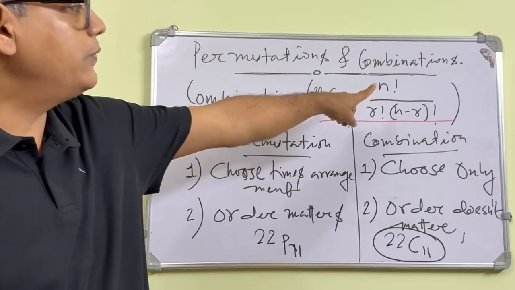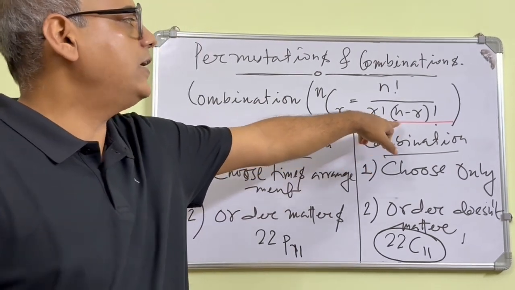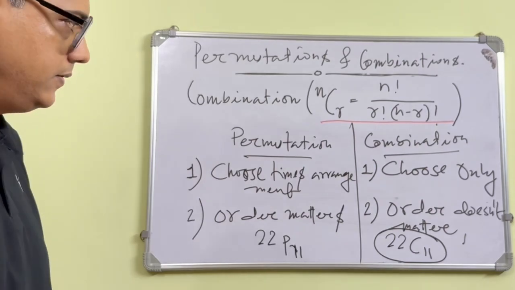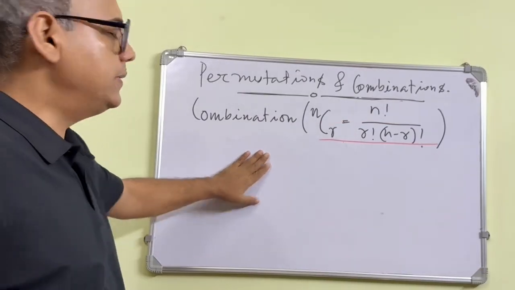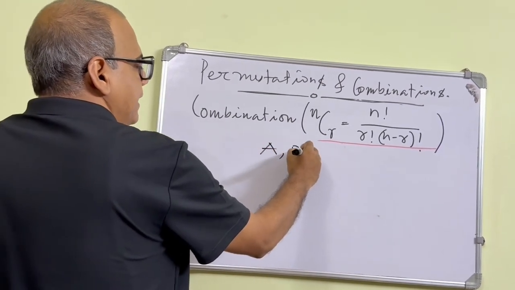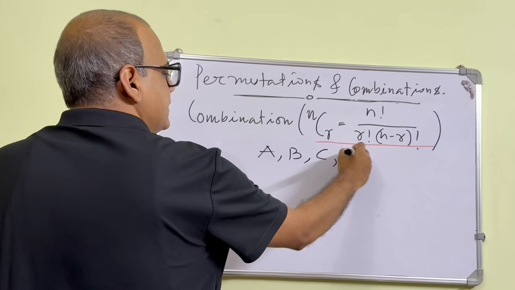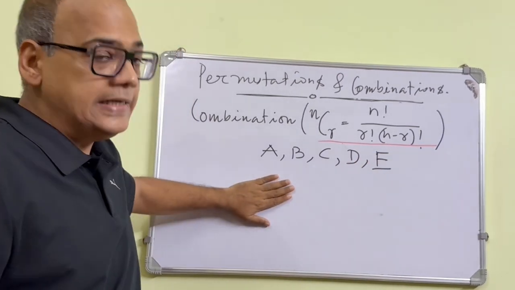nCr equals n factorial upon r factorial times n minus r factorial. So we'll derive that. Let's take an example. I have 5 different letters A, B, C, D, and E, and I need to form 3-letter words.